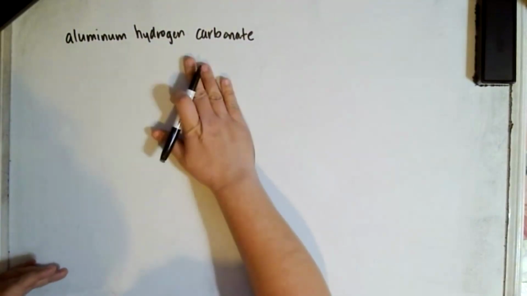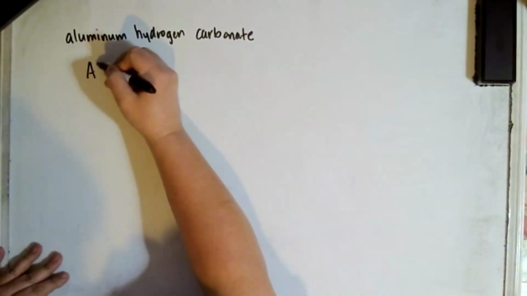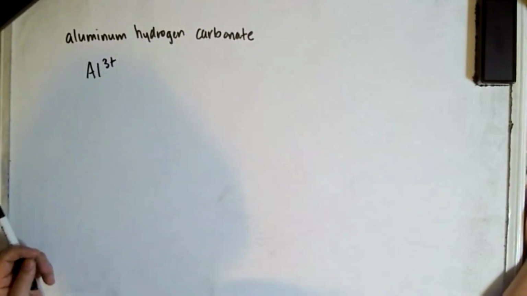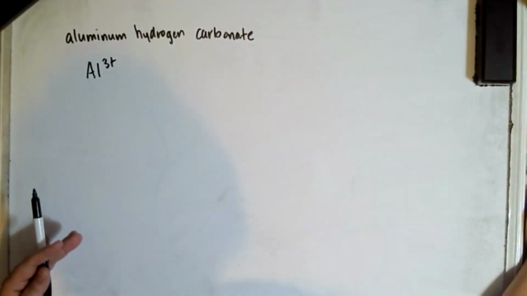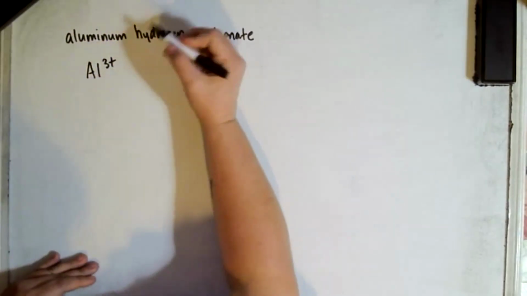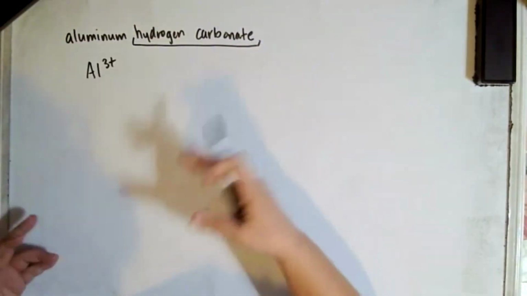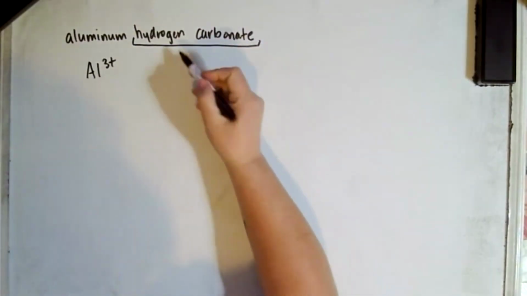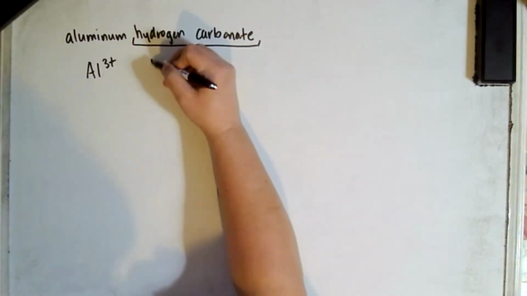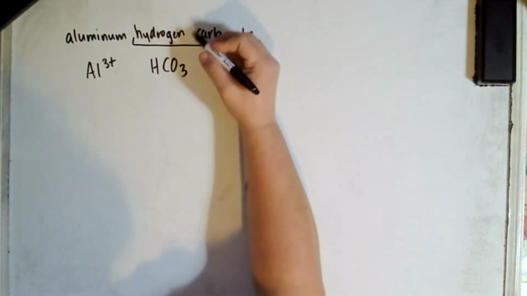You look at the name and you pull the ions from it. Aluminum is Al with a +3 charge. Aluminum always has a +3 charge. Now, at this point, you're going to have to start looking at your polyatomic ion table and learning the formulas and the charges for these. The hydrogen carbonate ion has a formula of HCO3 with a -1 charge.